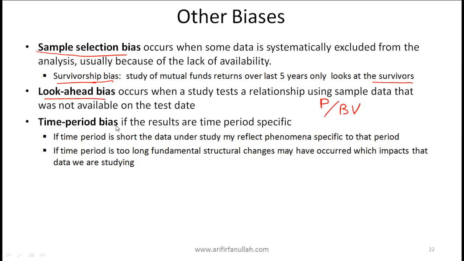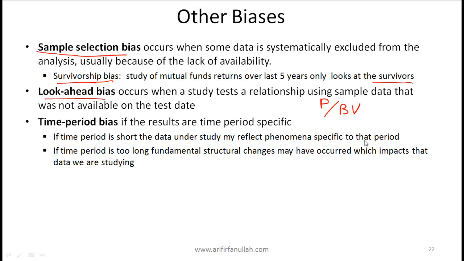Finally, time period bias results. There might be a time period bias if the results are time period specific. For example, if the time period is short, the data under study may reflect phenomena specific to that period.